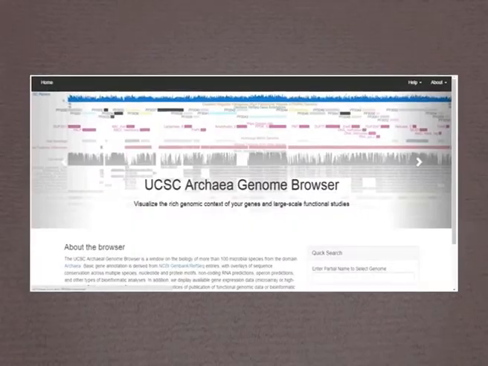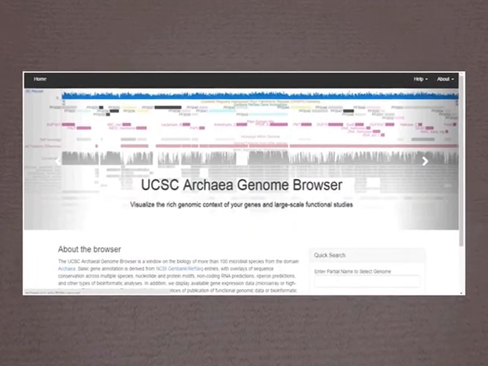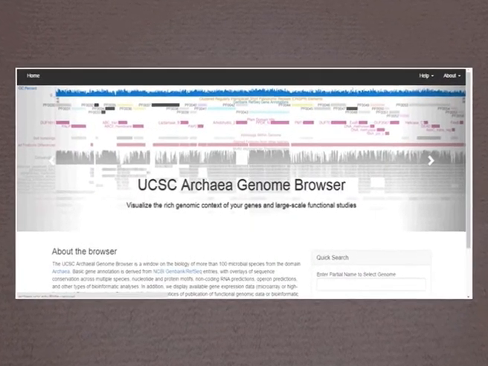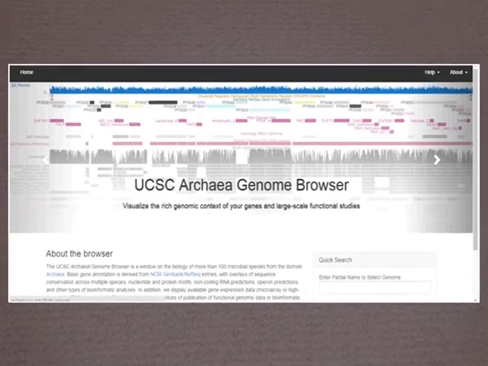A crucial finding that enables functional characterization of the sequenced genomes and evolutionary reconstruction is that the majority of archaeal and bacterial genes have conserved orthologs in other, often distant organisms. This is a screenshot of UCSC Archaea genome browser.